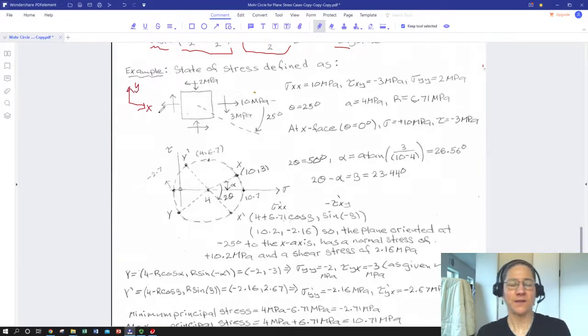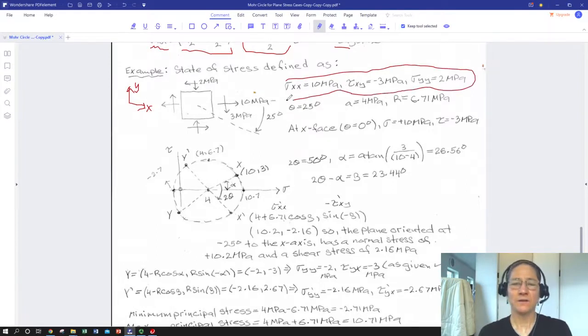And we know what the applied stresses are. We have positive 10 megapascals tensile, sigma xx, negative 2 megapascals, sigma yy, and negative 3 megapascals, tau xy. So it's on the x face and going in the negative y direction, so we have negative shear. So here are our applied stresses.